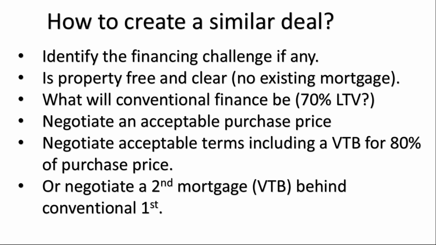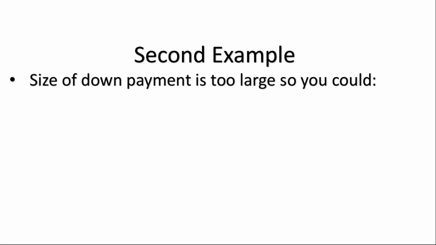So you've got to be careful of that, but there's nothing wrong with it. You just have to be aware of how to structure it properly to stay on the right side of the rules and regulations as well. There are many different ways of structuring these things and looking at them.